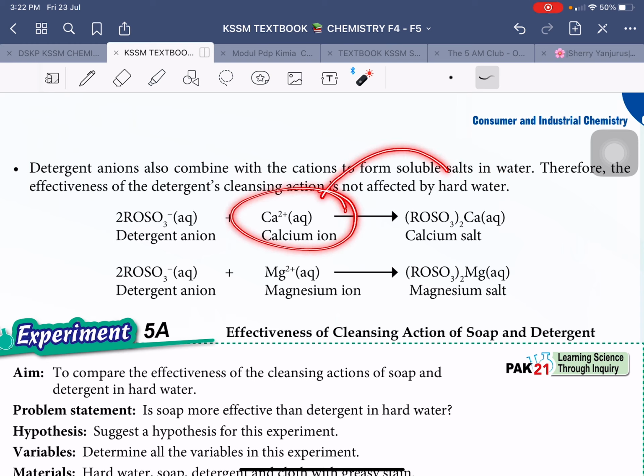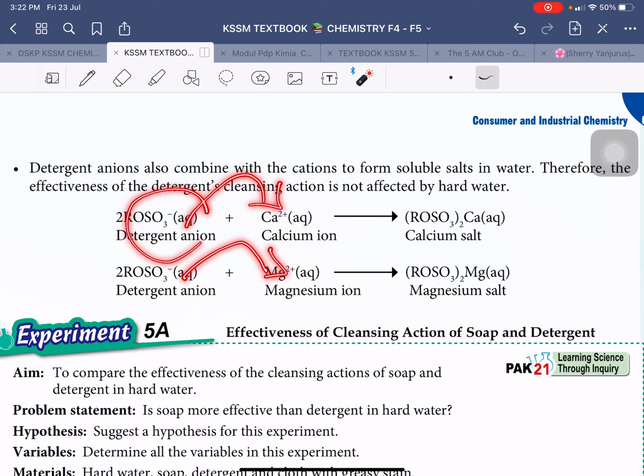Ada calcium dalam hard water, ada magnesium dalam hard water, but it's not going to be affected. Tahu kenapa? It is still going to combine, macam sabun juga, but dia akan form soluble salt. Ini soluble salt if you use detergent. Tapi if you use sabun, soap, it's going to form insoluble salt. Insoluble salt tu adalah scum. So, itu beza dia lah.